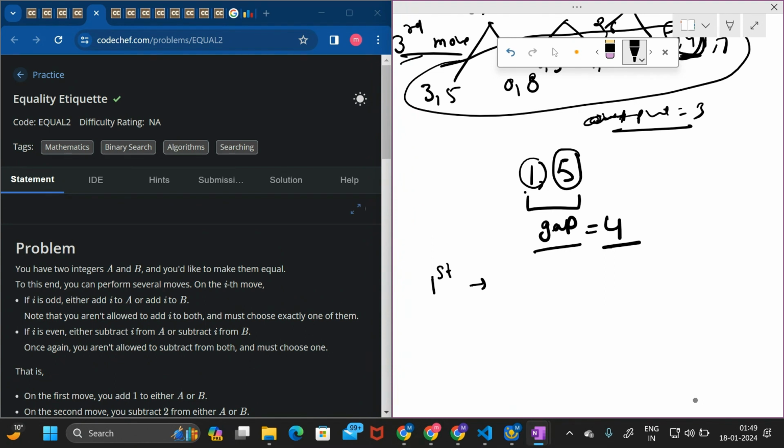If we add 1 to the smaller number, we decrease the gap by 1, so the gap is equal to 3. Or if we add 1 to the other number, our gap is equal to, sorry, 5.